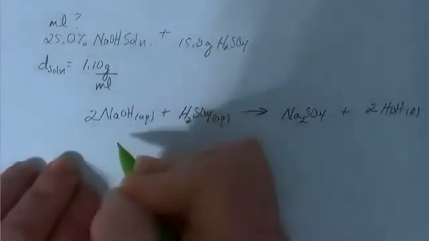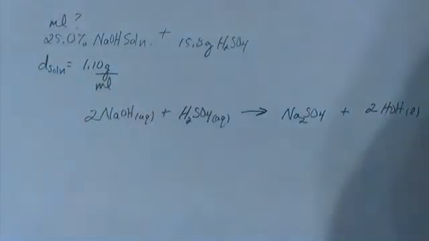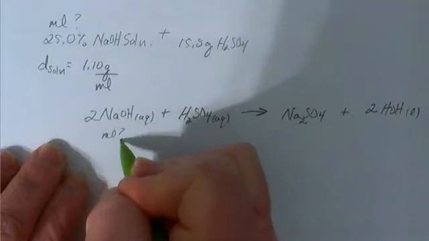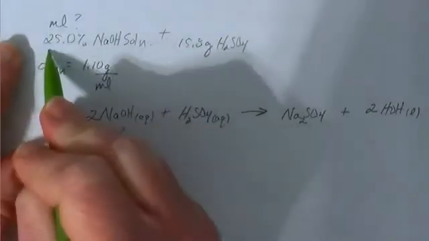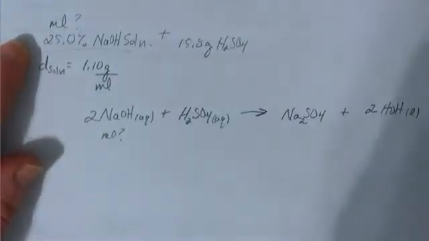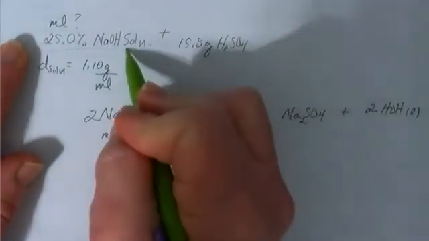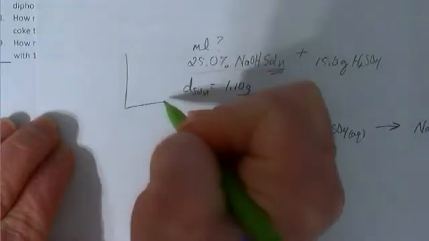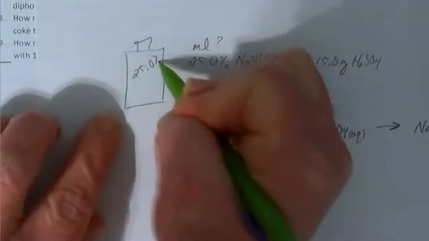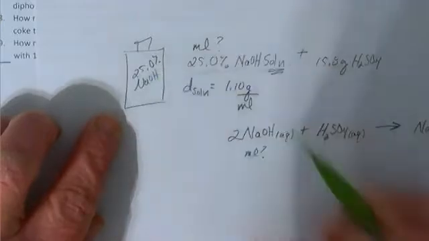All right, so this is quite a real world example. We want to know the volume of a 25% sodium hydroxide solution. If we can imagine, we have a bottle that I bet would read 25% NaOH.